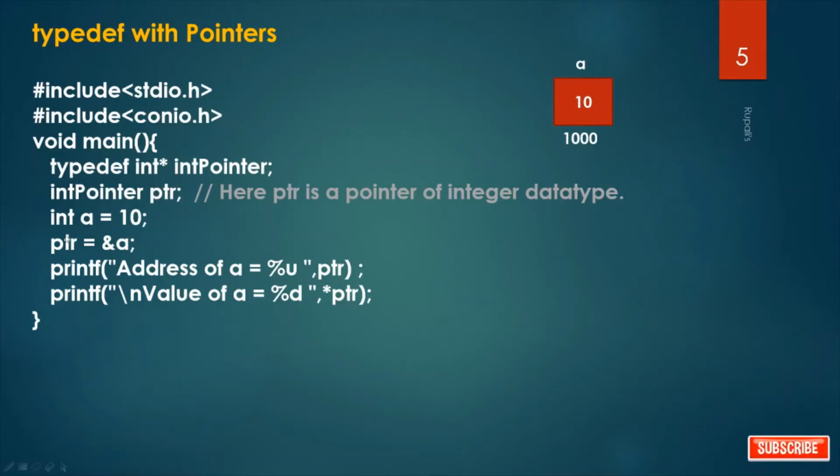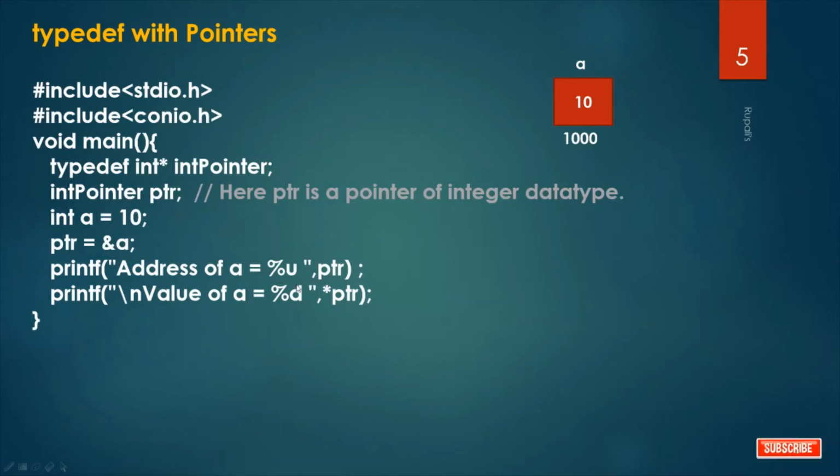When I write int a equals 10, in memory this variable is a and the value is 10, and say the address is 1000. We can store that address 1000 of a in ptr, because ptr can hold an address of an integer.